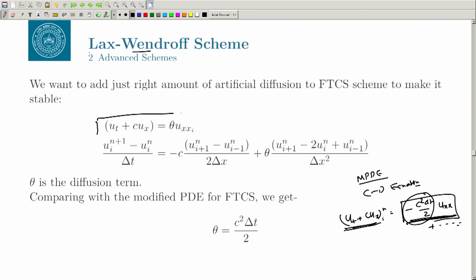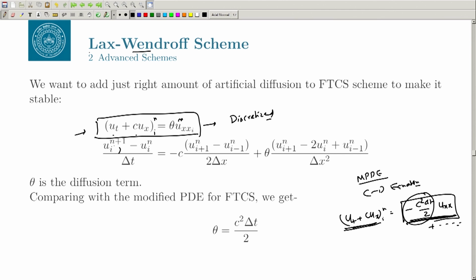Now, for the convection term we are proposing a scheme which looks like this: u t plus c u x. This is in the discretized domain, not the PDE, but the discretized equation, at I and n.